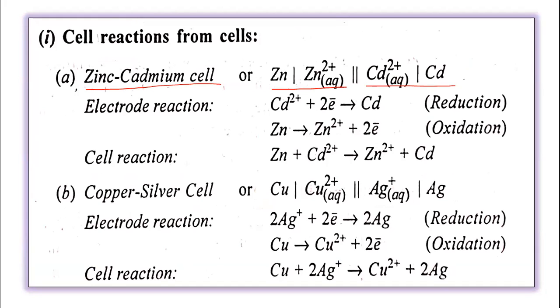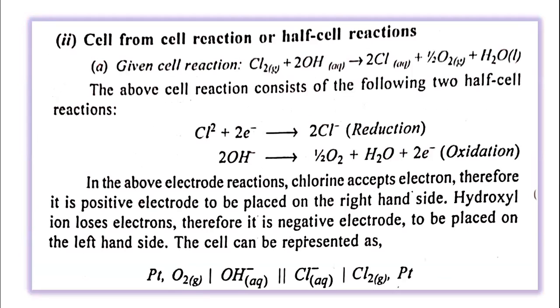The galvanic cell is given, and from that we can write the cell reaction. That is very simple: at the left hand electrode, oxidation takes place, and at the right hand electrode, reduction takes place. But now, the second part is cell from cell reaction or half cell reaction.